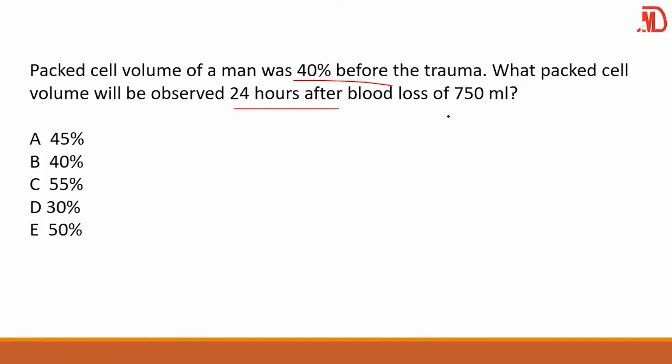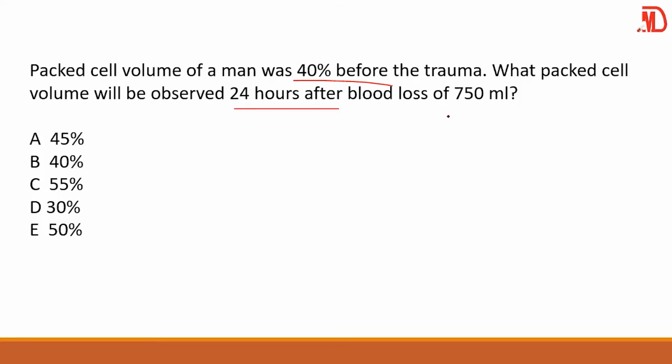But within 24 hours, you cannot replace all the volume of blood that has been lost. So therefore, it will definitely not be up to 40%. So actually, we are looking at an answer less than 40%.